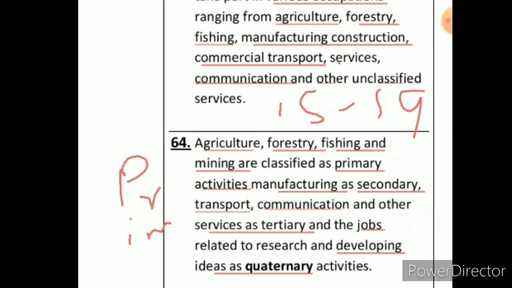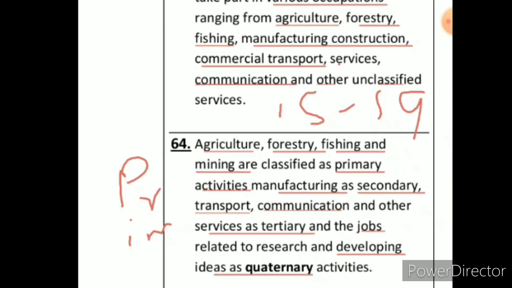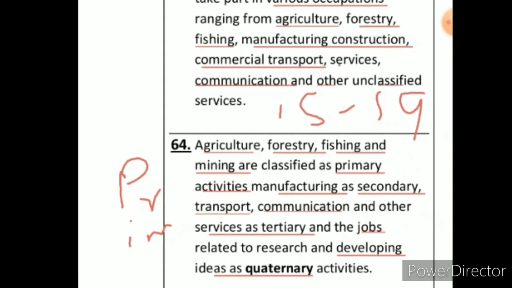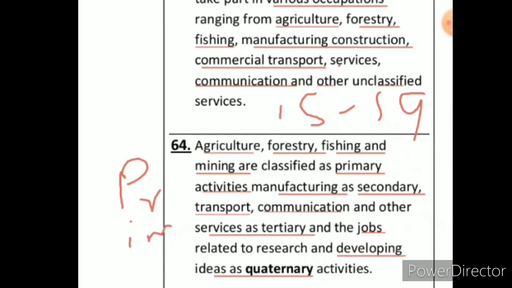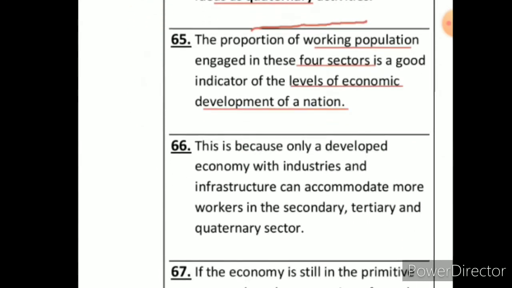So mainly, if you see, the maximum occupations of people come under these four sectors, okay? So the working population is engaged in these four sectors, and this is a good indicator of the level of economic development. If you are practicing in these four sectors, then definitely your nation can be developed accordingly. If you see developed countries and developing countries, which type of occupation are they doing?